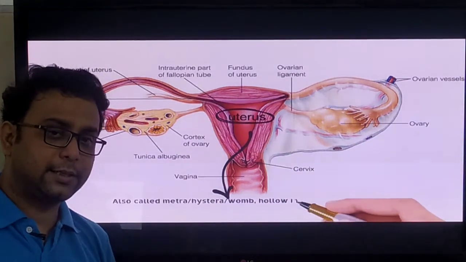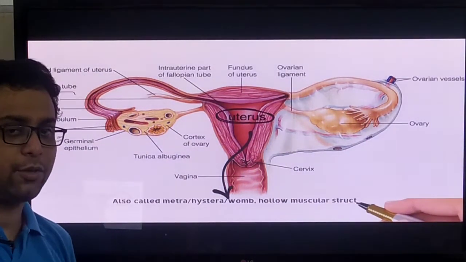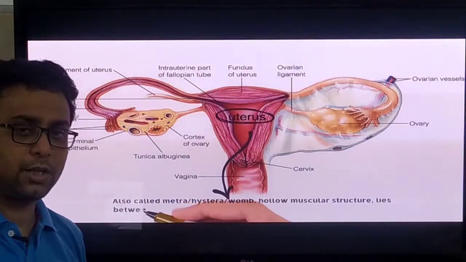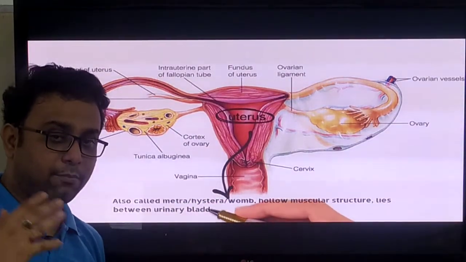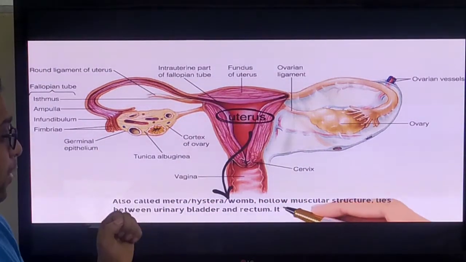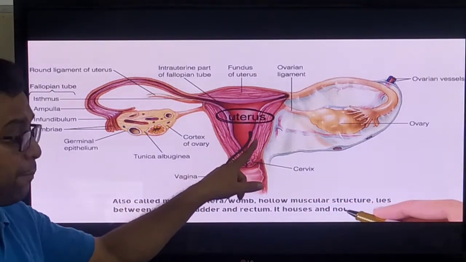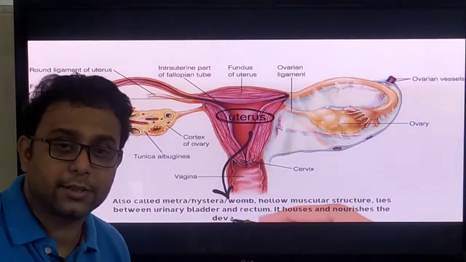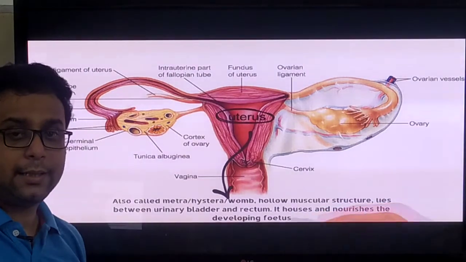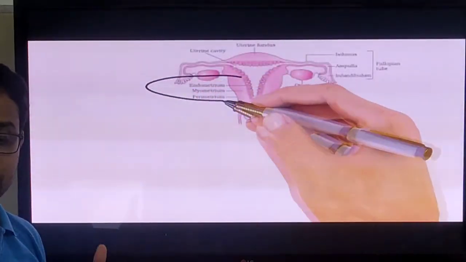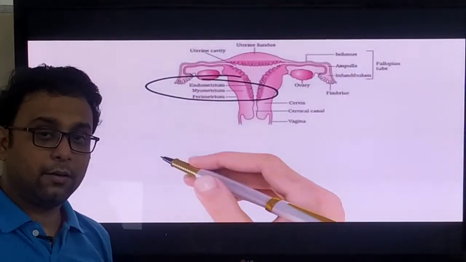If you discuss the structure of the uterus, you will find three regions. One is the endometrium, one is the myometrium, and another is the perimetrium. These are the three layers present in the uterus. It plays a very important role in implantation.